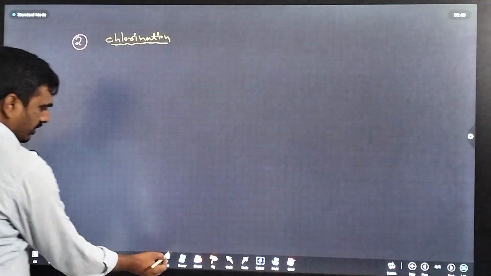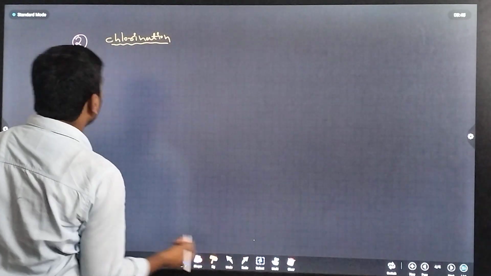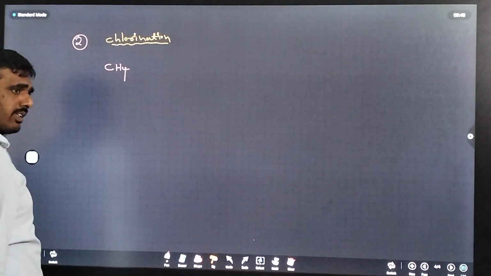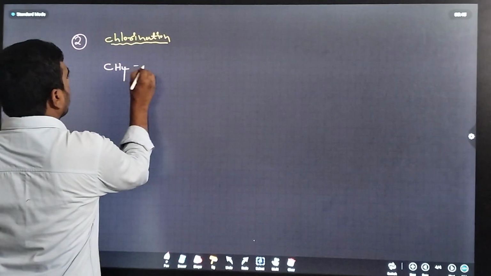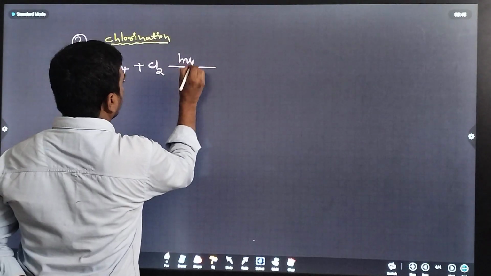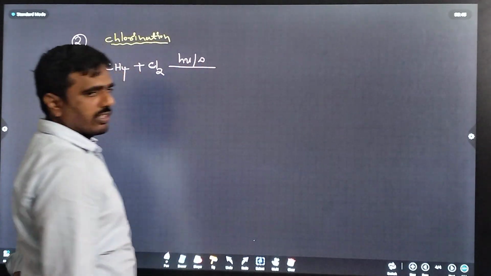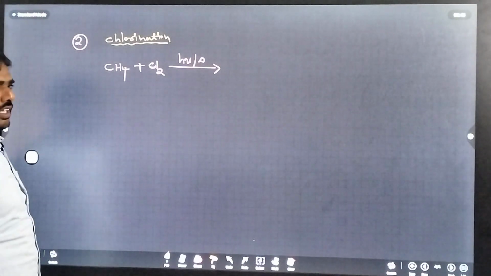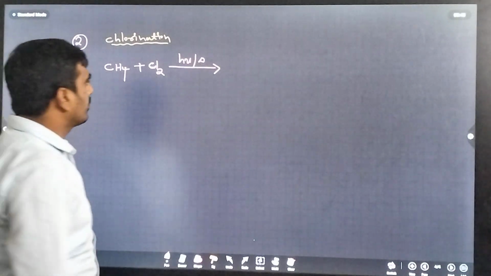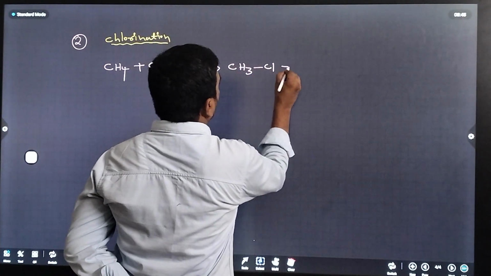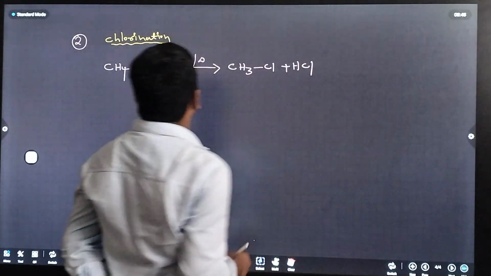First I take a hydrocarbon, methane, and react it with chlorine in the presence of sunlight or heat. One hydrogen atom in methane is replaced by chlorine, so we get methyl chloride and HCl. This is the reaction.